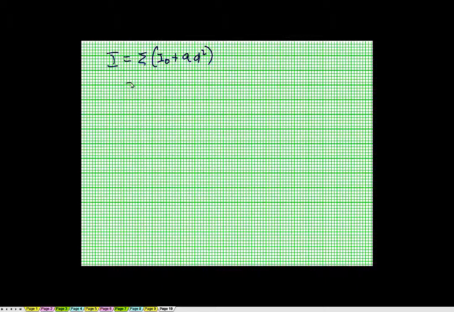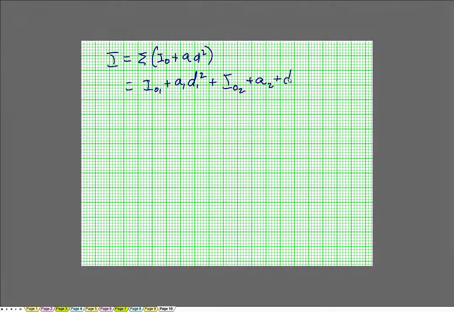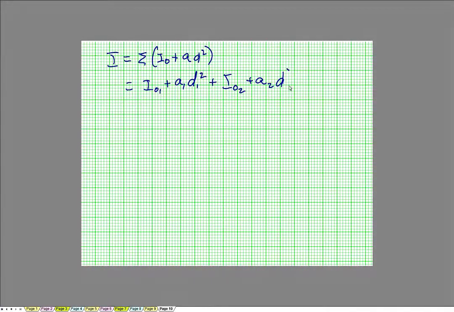And that might look something like I1 plus A1 D1 squared plus I2 plus A2 times D2 squared plus I3 plus A3 D3 squared, and so on. If you have a whole bunch of different shapes, you have to transfer a whole bunch of different things.